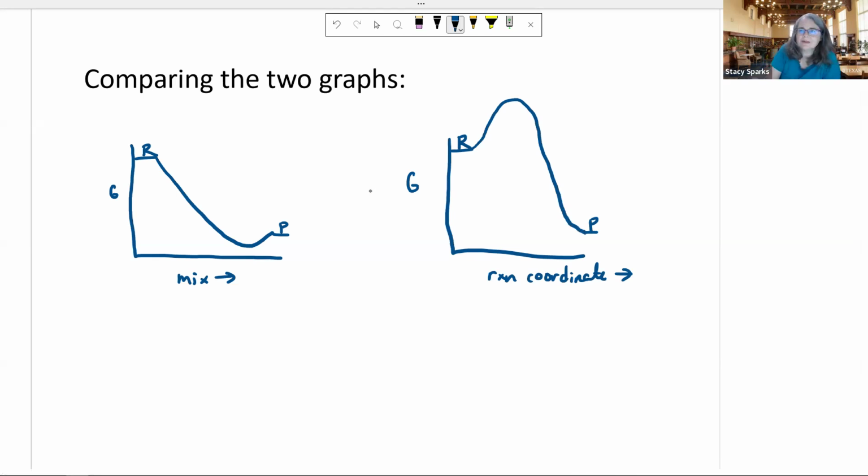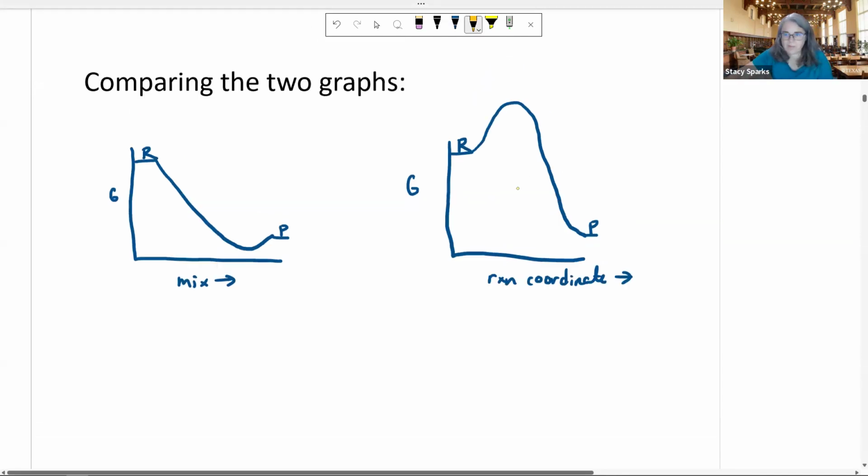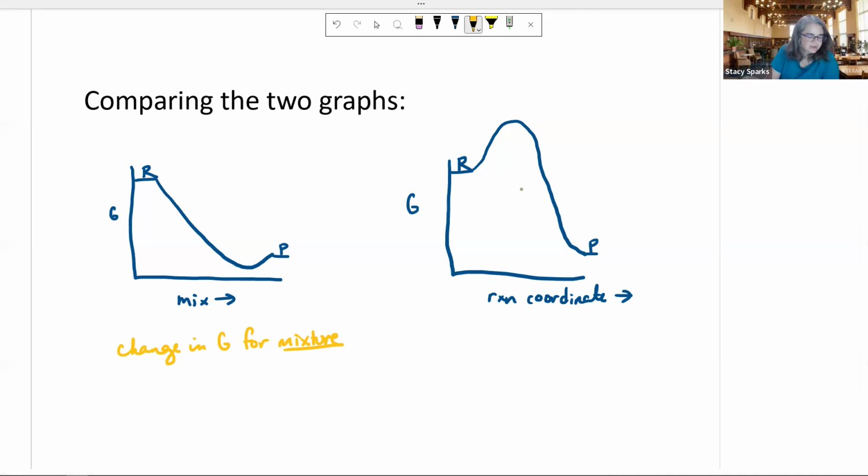Okay, so on the left over here, we are looking at the change in Gibbs free energy for the mixture as a whole, for the whole thing. So this helps us understand the equilibrium conditions.